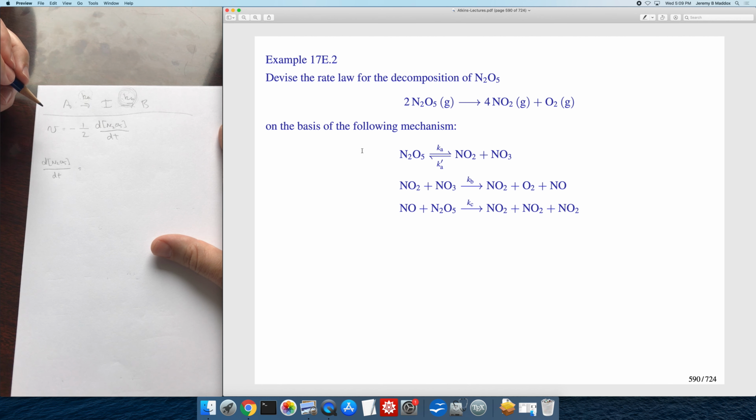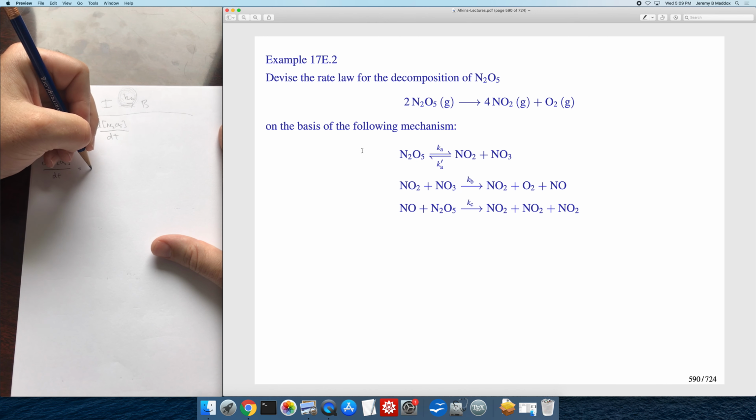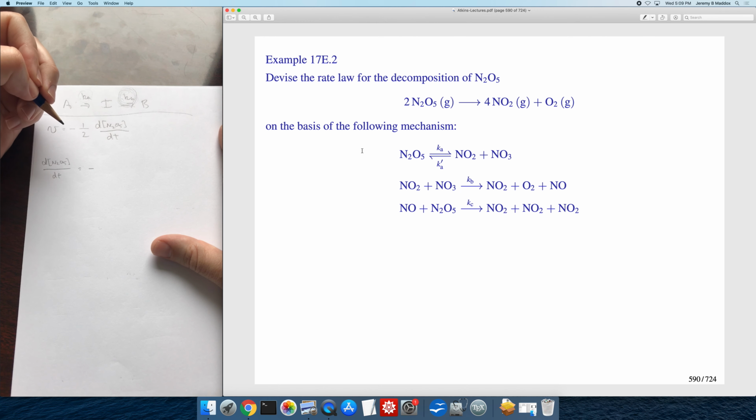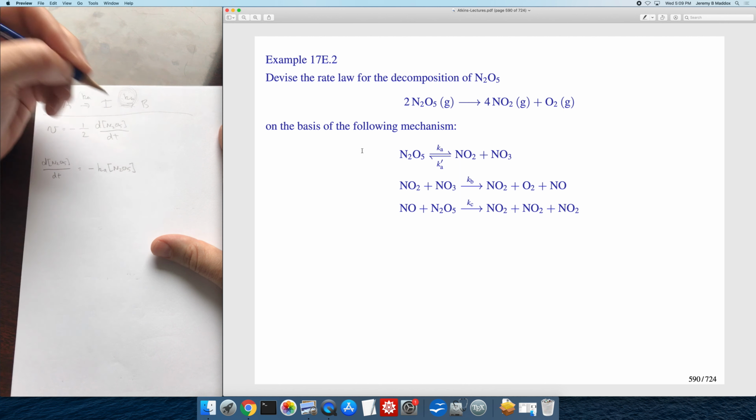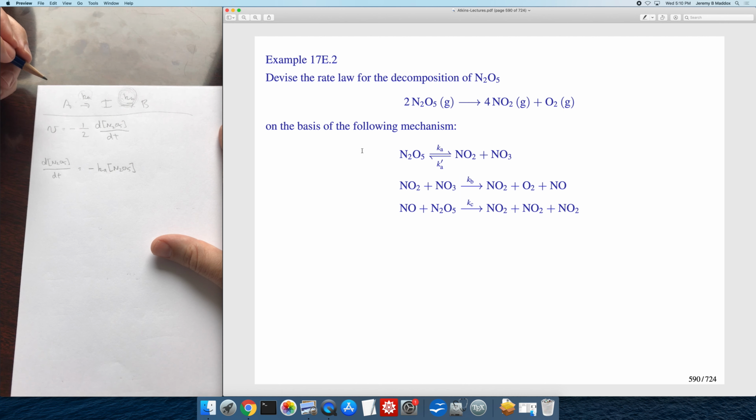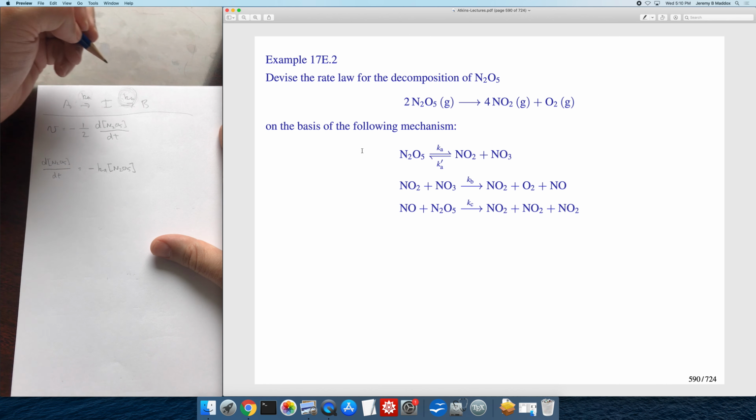Well, we see that the dinitrogen pentoxide appears in the first step as a reactant. And so the first step is going to decrease its concentration. There's the rate constant, and it's going to be unimolecular. Now, the reverse step of that first chemical equation in the mechanism produces N2O5, so we need to take that into account.